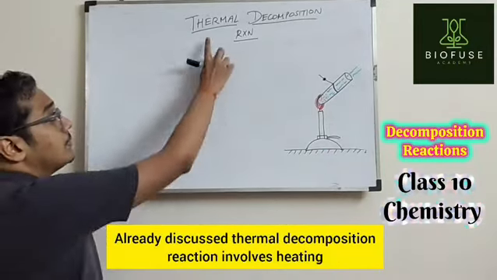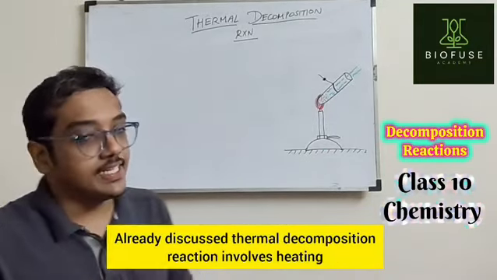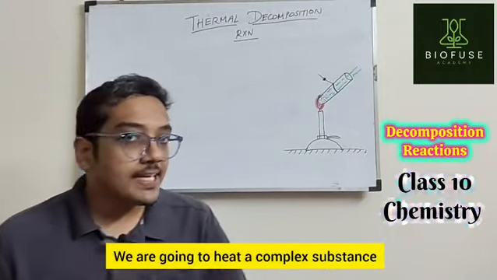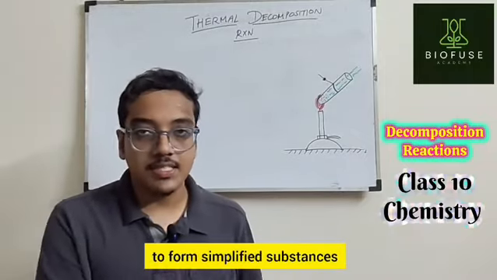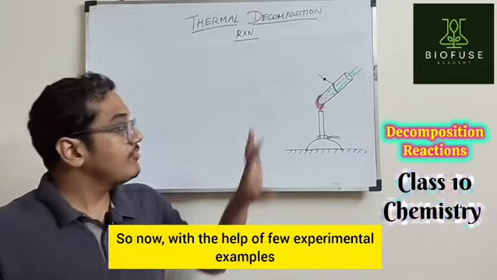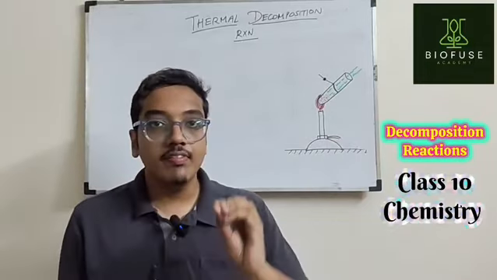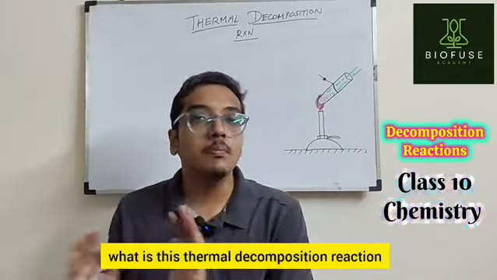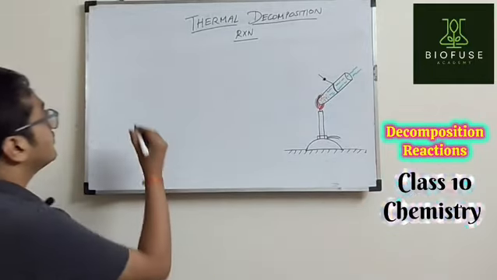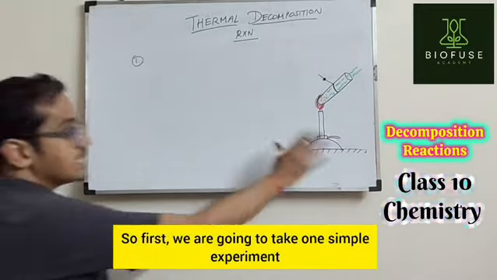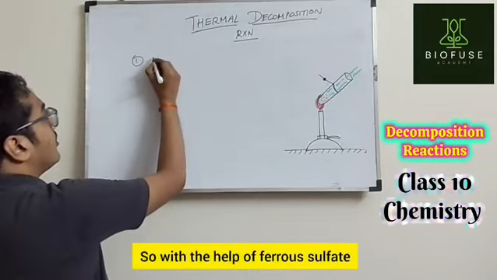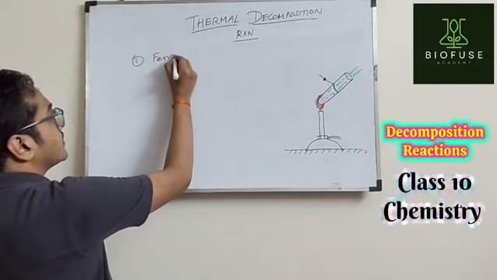As already discussed, a thermal decomposition reaction involves heating. We are going to heat a complex substance to form simplified substances. Now with the help of a few experimental examples, we will understand what this thermal decomposition reaction is. First we are going to take one simple experiment with the help of ferrous sulfate.